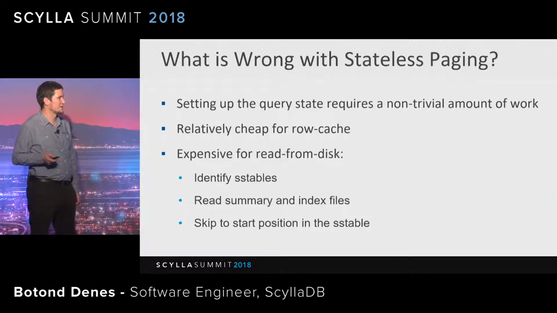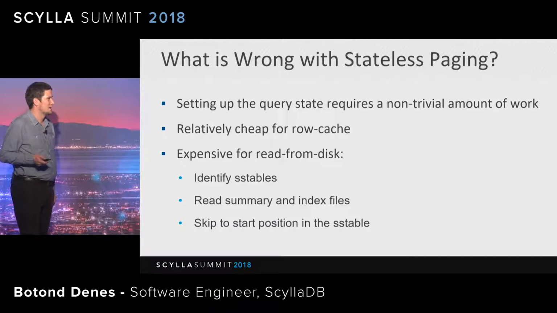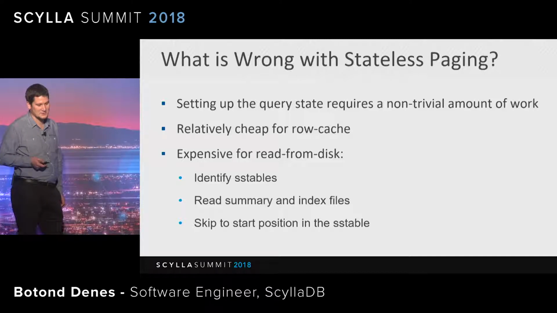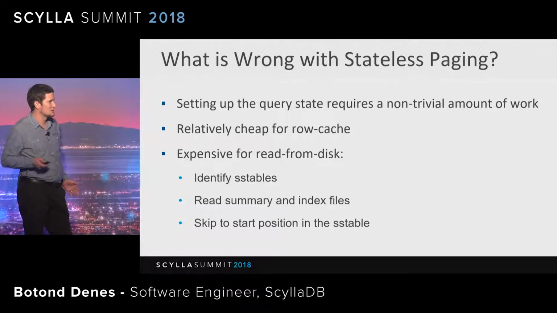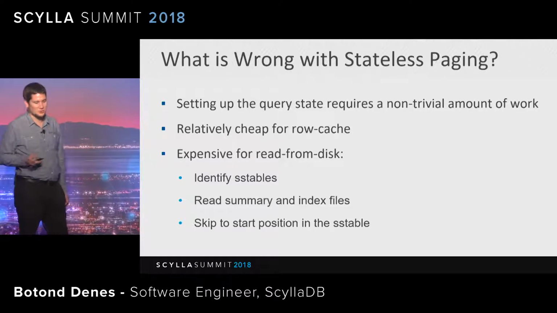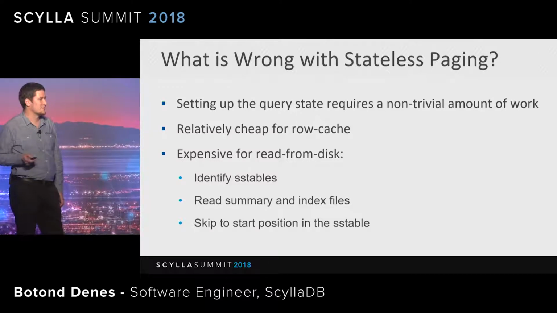Scylla has to identify the SSTables, has to read summary and index files, and then has to skip to the correct position in each of the SSTables. So when this state was destroyed at the end of each page, all this effort was lost. Since Scylla doesn't use the OS page cache, this effort was truly lost. Scylla didn't get the benefit of having a warm page cache on the next page.